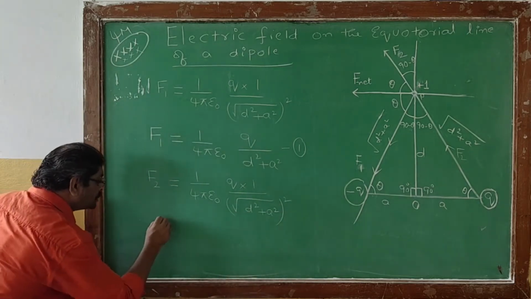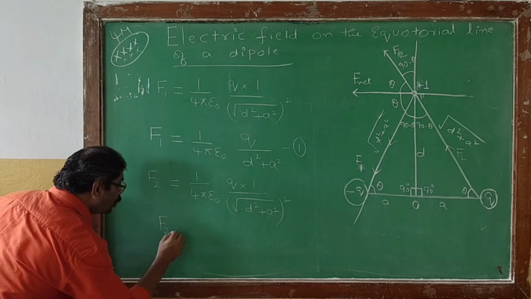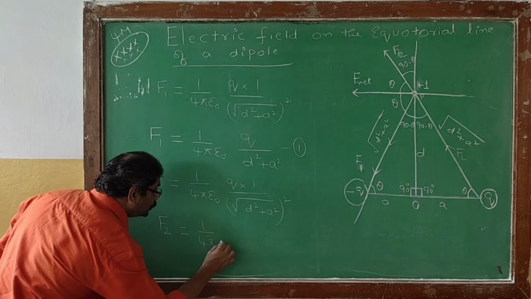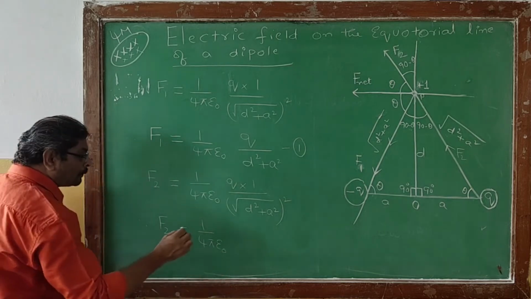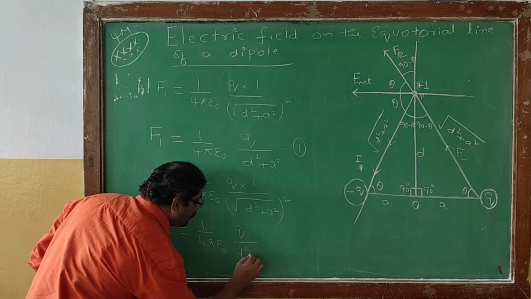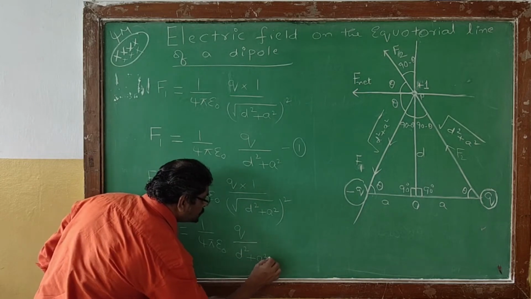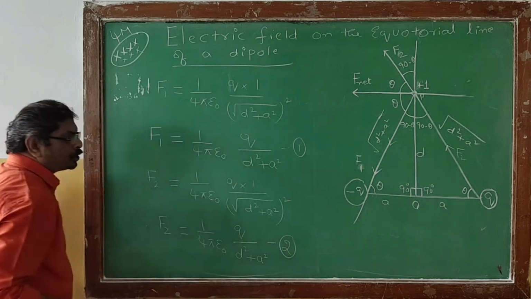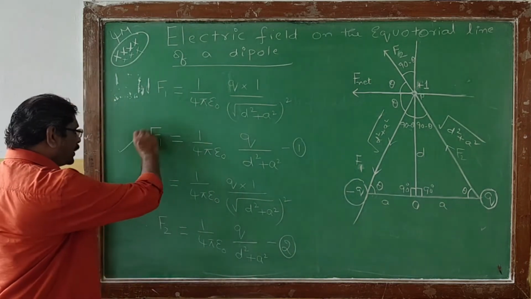So the magnitude of F2 will be numerically equal to 1 by 4 pi epsilon naught q divided by d square plus a square. Let us call this equation number 2.